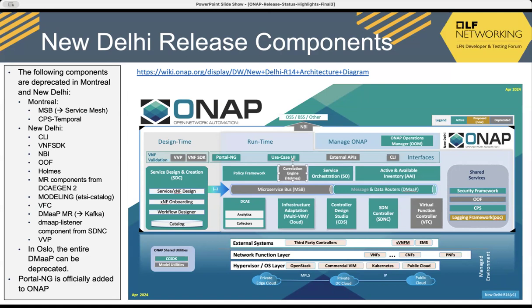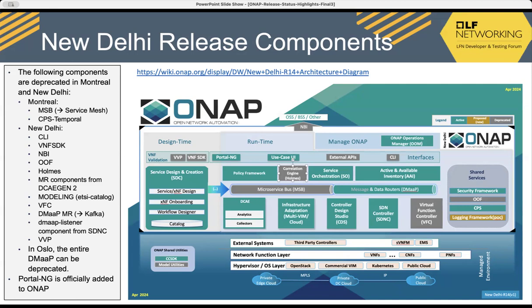CPS temporal, we deprecated. In New Delhi, we decided to deprecate many components, as I mentioned before: CLI, VNFSDK, NBI. Deutsche Telekom is still using NBI internally for their own purposes, so it works well for them. They might upstream NBI, but until then, NBI is deprecated.